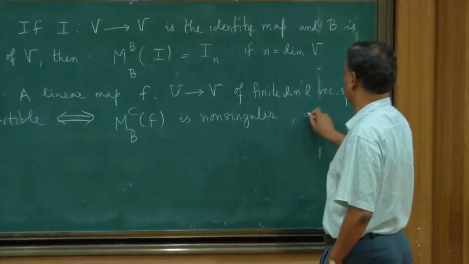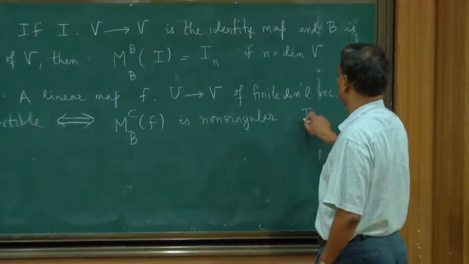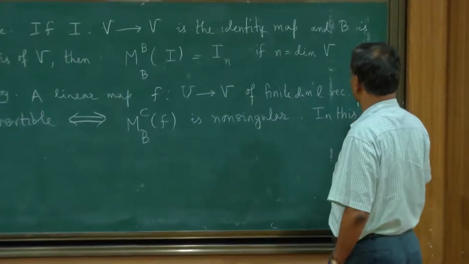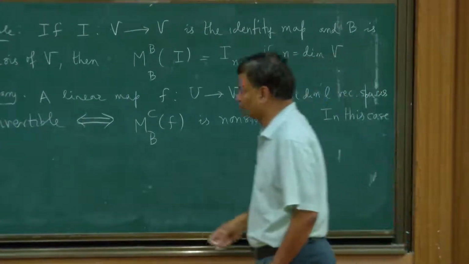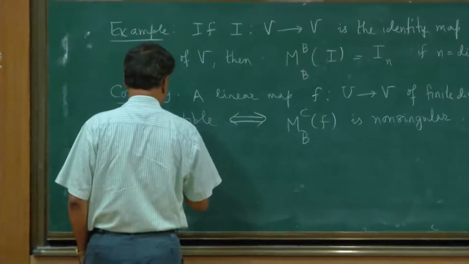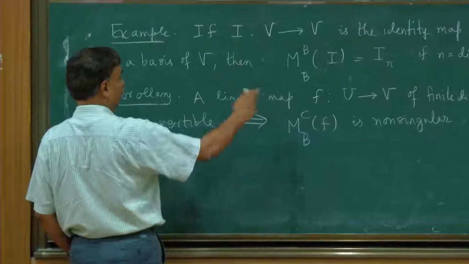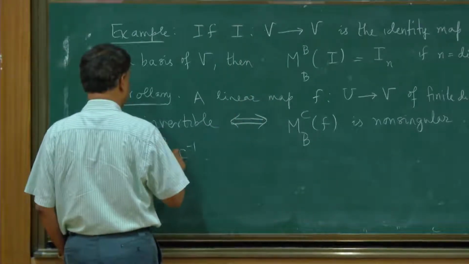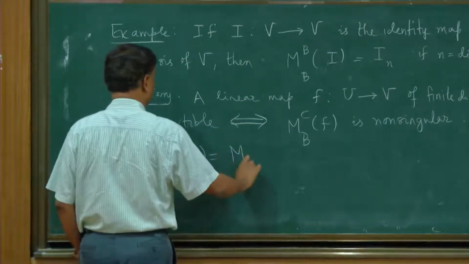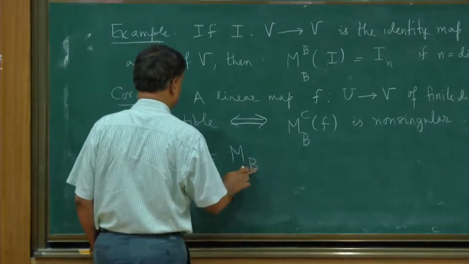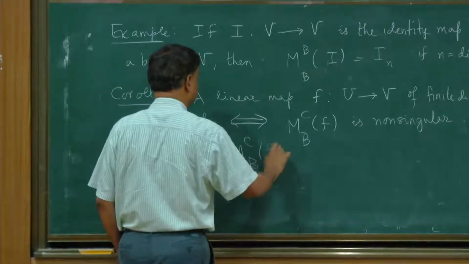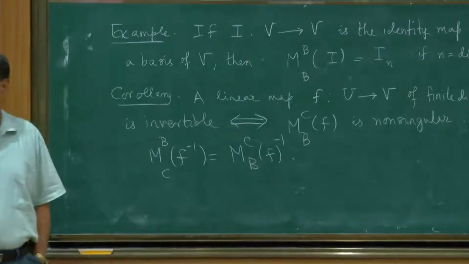And in this case, the matrix of the inverse, which will be from V to U, say CB, is the matrix of F inverse.